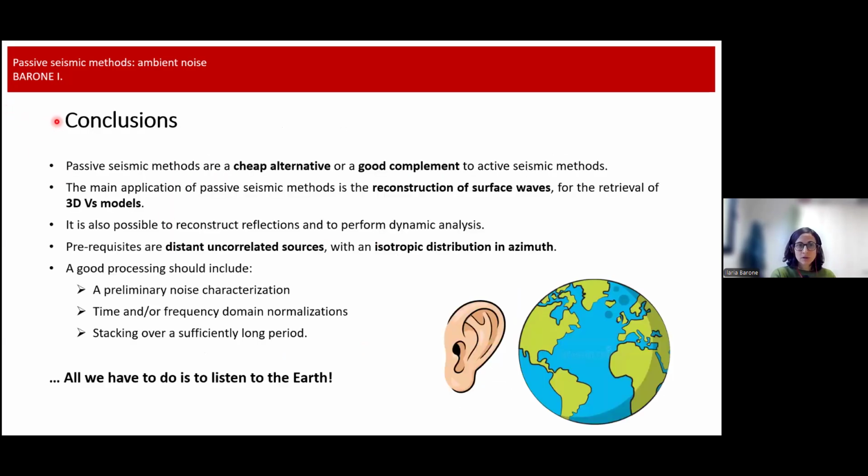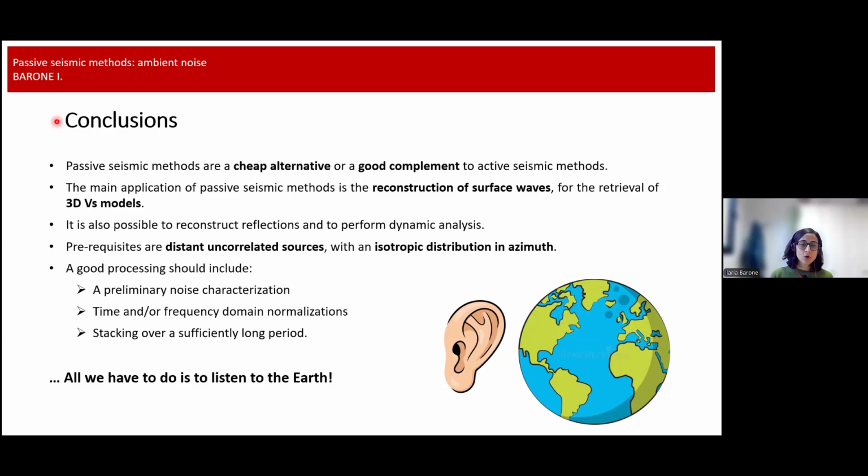Okay, so this is the end of my talk. To conclude, we have seen that passive seismic methods are either a cheap alternative to active methods or a very good complement to active methods. The main application of passive seismic methods is to reconstruct surface wave signal, and from that to get information on shear wave velocity distribution in the Earth that later can be used either to identify structures or to relocate earthquakes.